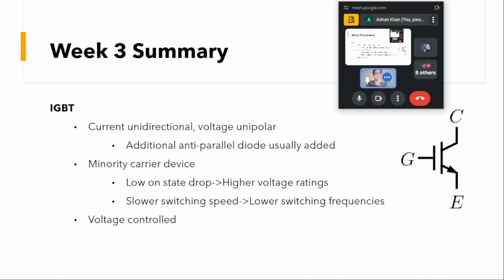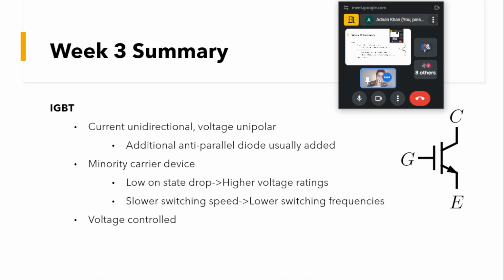The advantage of this low on-state drop is that for a particular device we can go to higher voltage ratings compared to the MOSFETs, because at higher voltages we will have a lower drop.